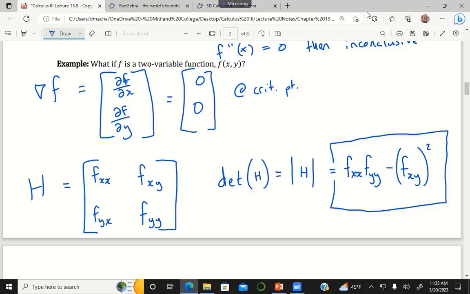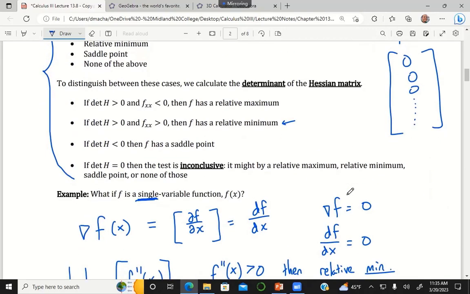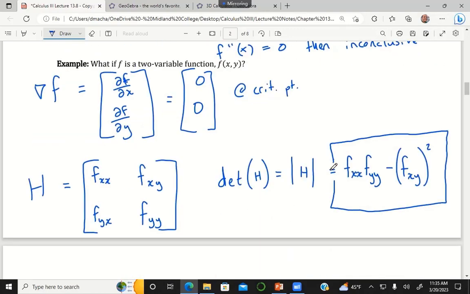Using the determinant of the Hessian matrix, you can differentiate between the cases of a relative maximum, relative minimum, or a saddle point. And if your determinant happens to be 0, then you can't tell any new information about your function at that critical point. It could be anything. Okay. So far, so good.